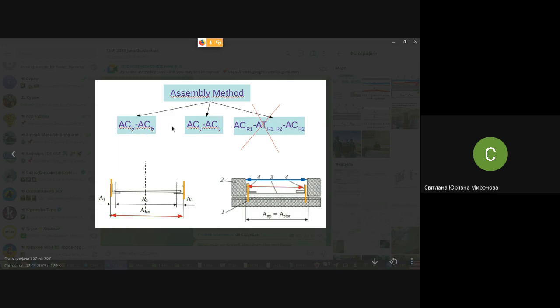Also, in case we have no real basis, we have a latent basis, or at least one of them is latent, we may use so-called marking during locating. It means that we draw this latent base on the surface of the real part. How we find the position of this latent basis in order to make it visible is another story. I hope you do remember. It's possible by measuring and by manual drawing on the surface.